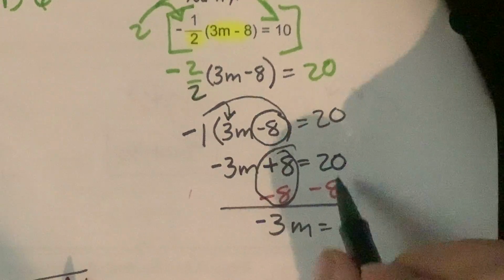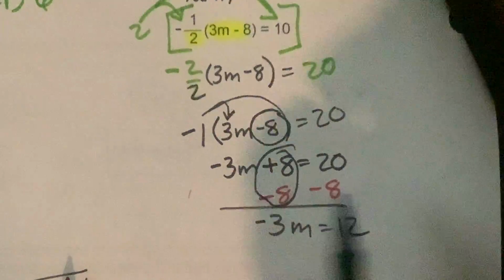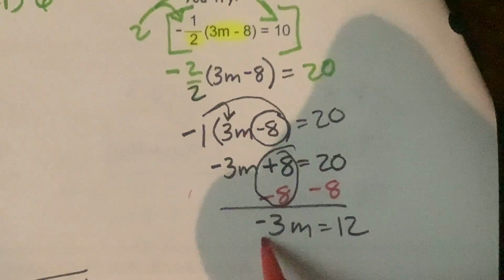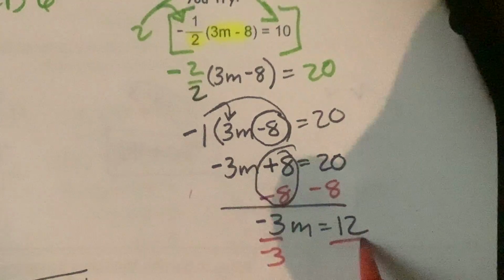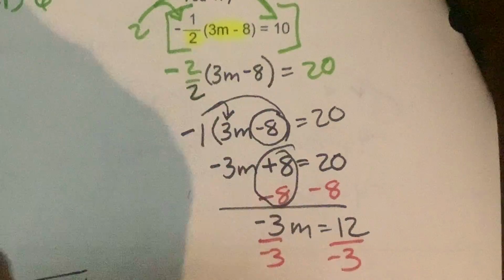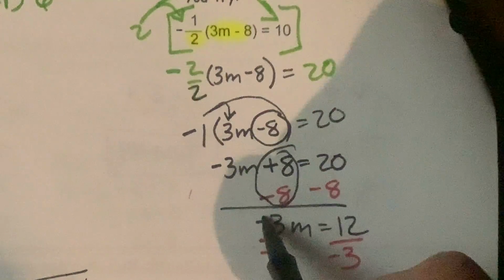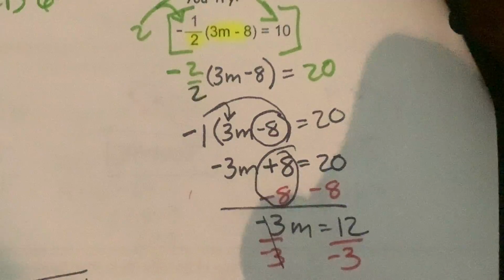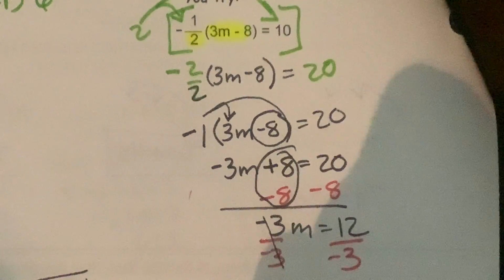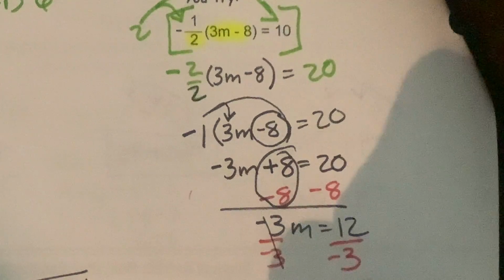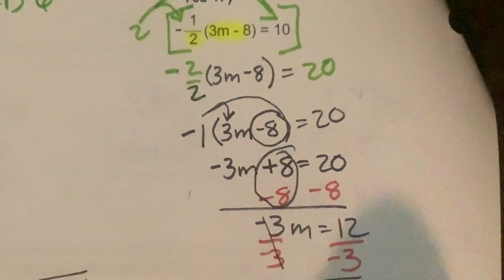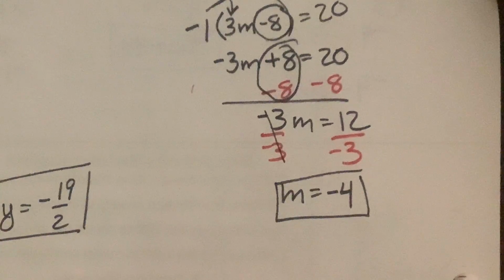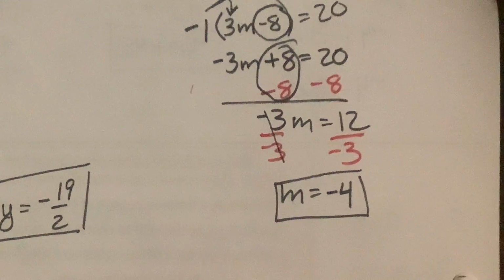Equals 20 minus 8 is 12. Divided by negative 3, divided by negative 3, and what do I get? M equals 12 divided by negative 3 is negative 4. Okay. And you can't see it, but it is. It's negative 4.